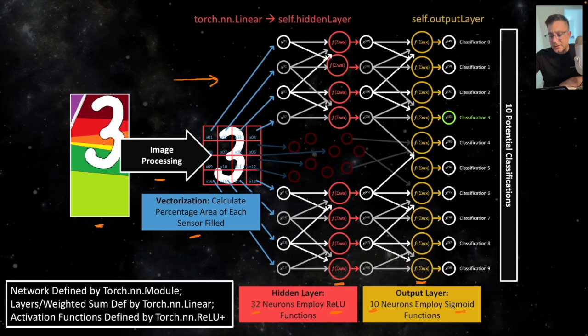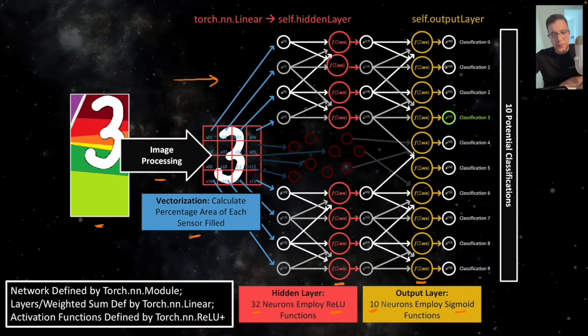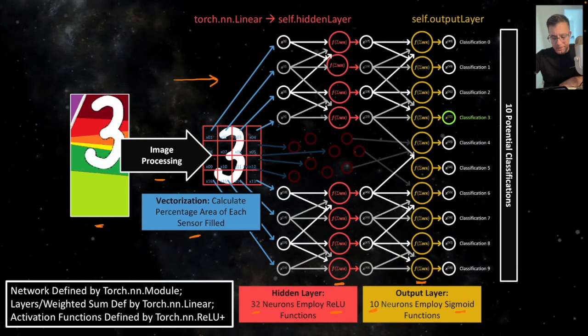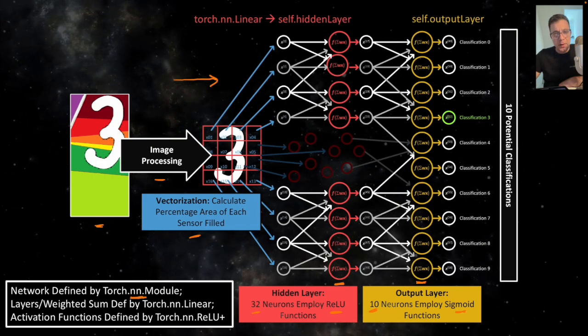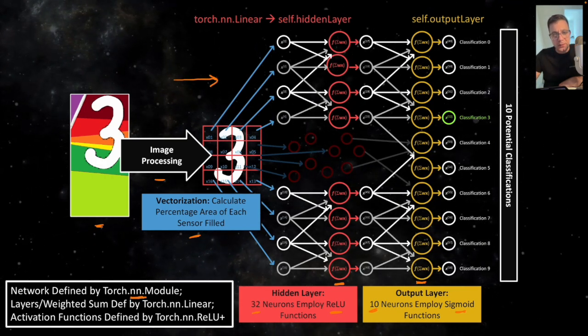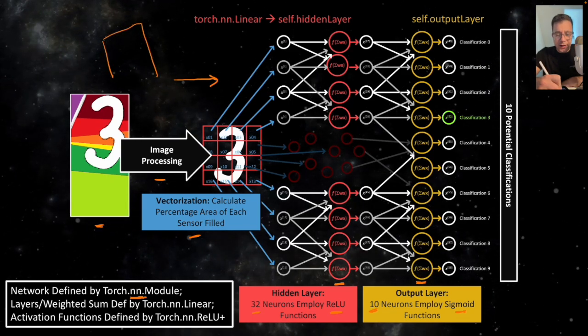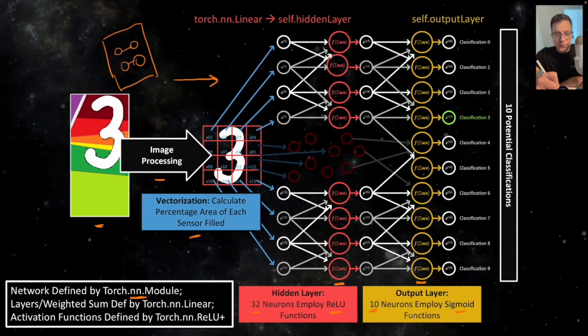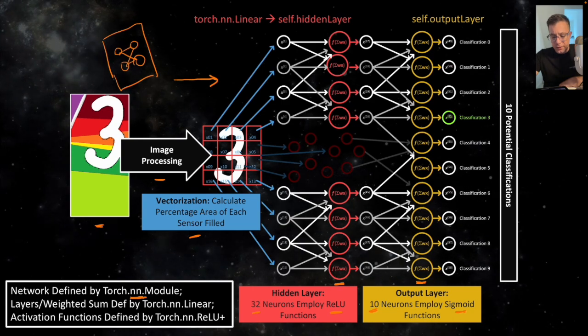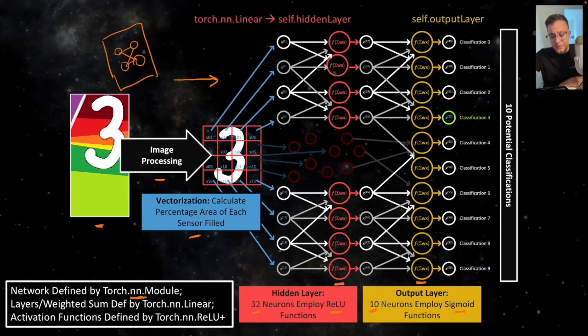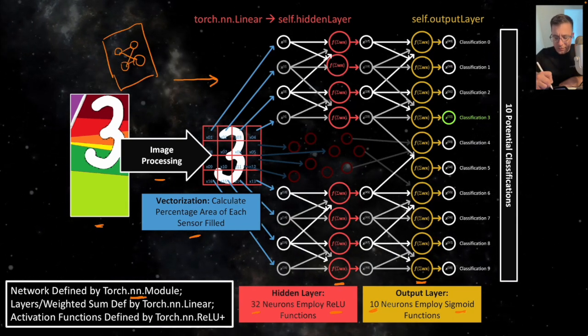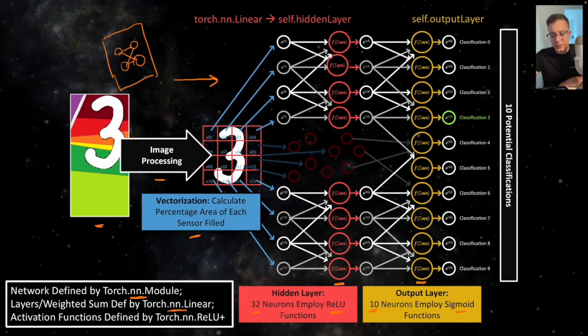And so what we see is that we're able to build this network using classes from the PyTorch library. The torch.nn.module class defines the model in its entirety, the neural network in its entirety. It essentially defines the canvas on which we draw or create our neural network. Now we have 2 layers. Each one of those layers is defined by the torch.nn.linear class.